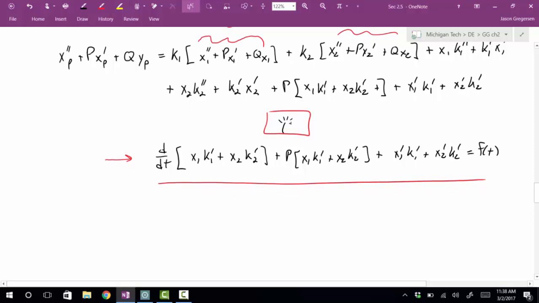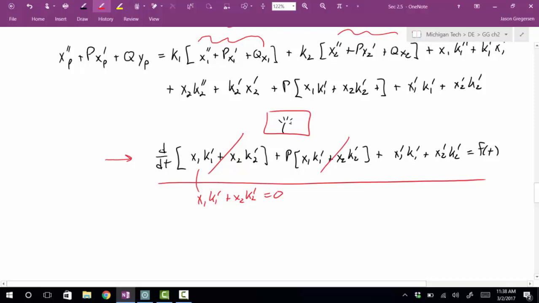Now I'm looking at this guy and saying, okay, this is supposed to somehow equal that f of t. All this weird junk on the left. What needs to happen for that piece to equal f of t? I'm going to make an assumption and then see what I need to happen. If I assume that x1 k1 prime plus x2 k2 prime is equal to 0, then this term goes away. What about the next term? Goes away.